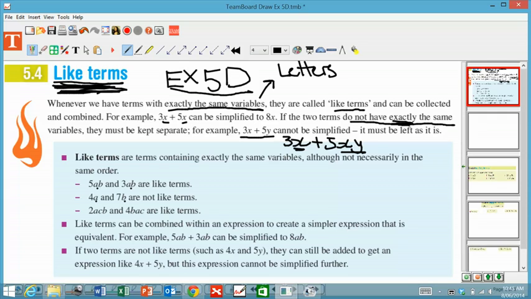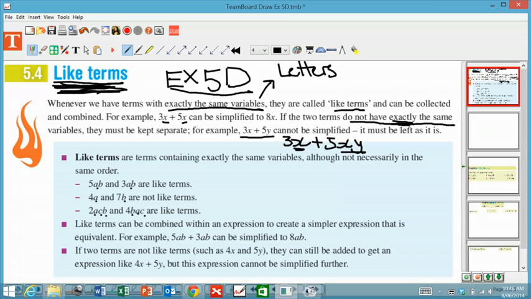And 2acb and 4bac are like terms because it doesn't matter about the order, they have exactly the same letters. They've both got an a, a b, and a c. If they've got exactly the same letters in any order, they are like terms.